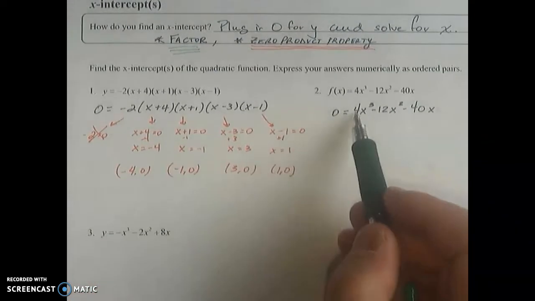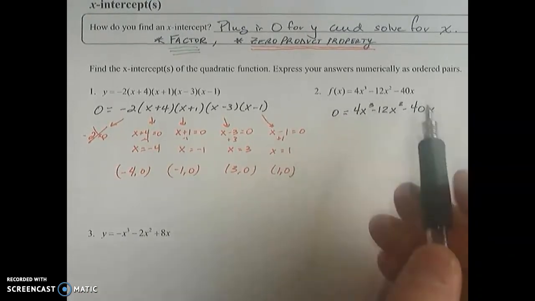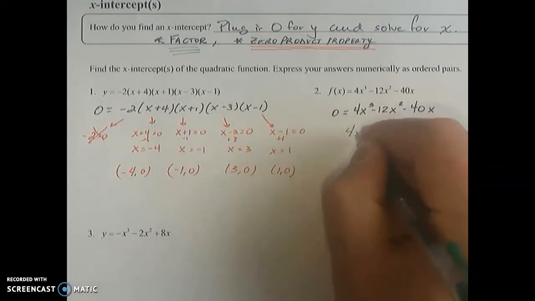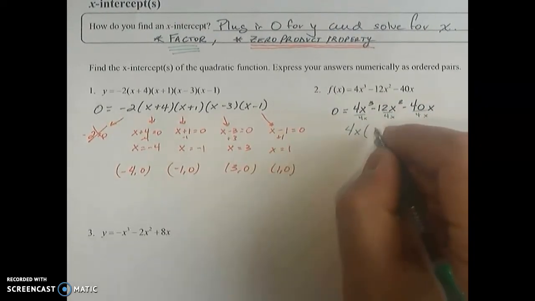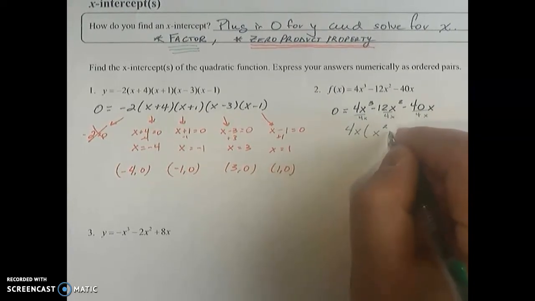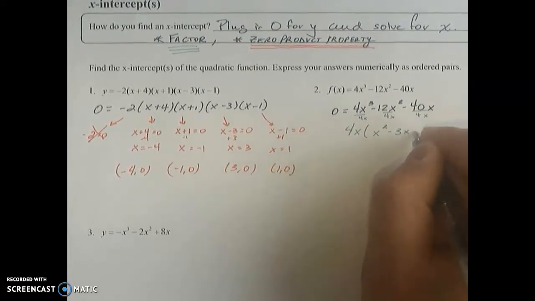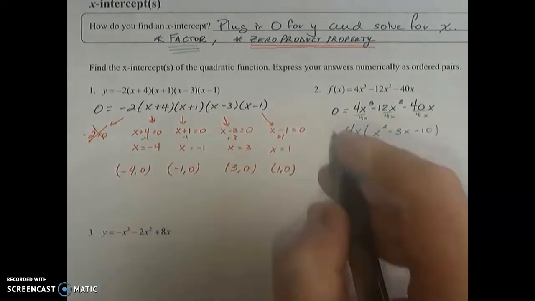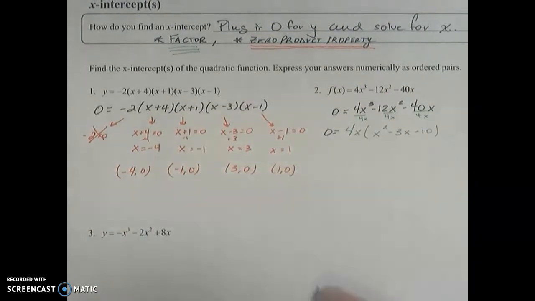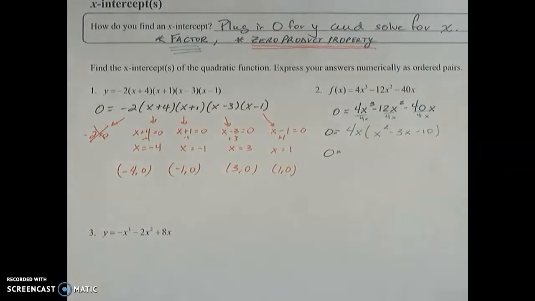Each one of these numbers is also divisible by 4. So our GCF here should be 4x. How do we figure out what remains from each term after we pull out the GCF? Well, we divide each term. So we'll get x squared minus 3x minus 10. All right, this equation is still equal to 0. We can't forget that.